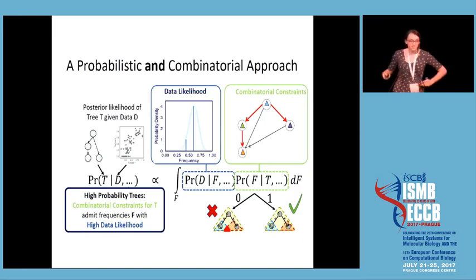For now, I'm going to stick to the simplest possible one, which is a binary indicator: if a set of frequencies respects our tree constraint, then it has uniform probability, and if a set of frequencies violates our tree constraint, then it's not allowed. It has probability 0. So the way to read this is that the highest probability trees, the trees that we're interested in, are those which admit frequencies that have high data likelihood.